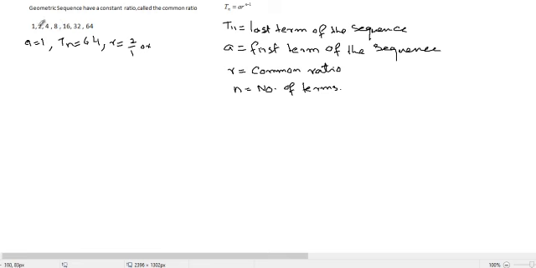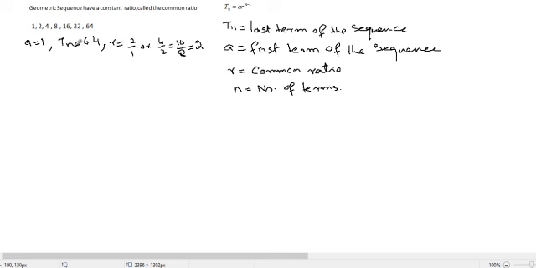So the next term divided by the previous term, that is the way to find the common ratio. If we divide 4 with 2 or 16 with 8, in all these cases you will get the same answer, 2. That's why we call it a common ratio. So r is a common ratio.